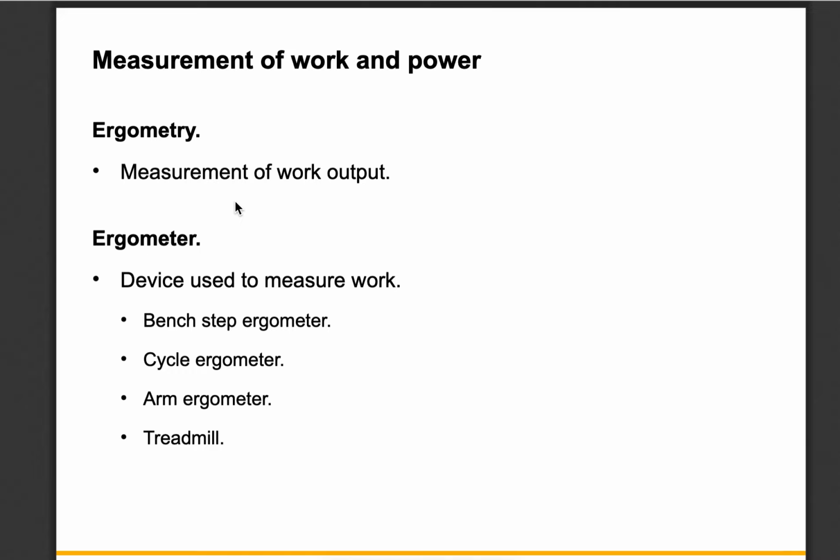But there are pieces of equipment that we can use to measure exactly how much work someone's putting out as they're sitting on a cycle and pedaling, and how much resistance is there. We can measure those things. A treadmill can do the same thing. Not all treadmills are designed to give us this measure of work, but it can be done on all of them, and some specifically give that measurement nice and easy. So it's something that gets used quite a bit in the exercise physiology world.